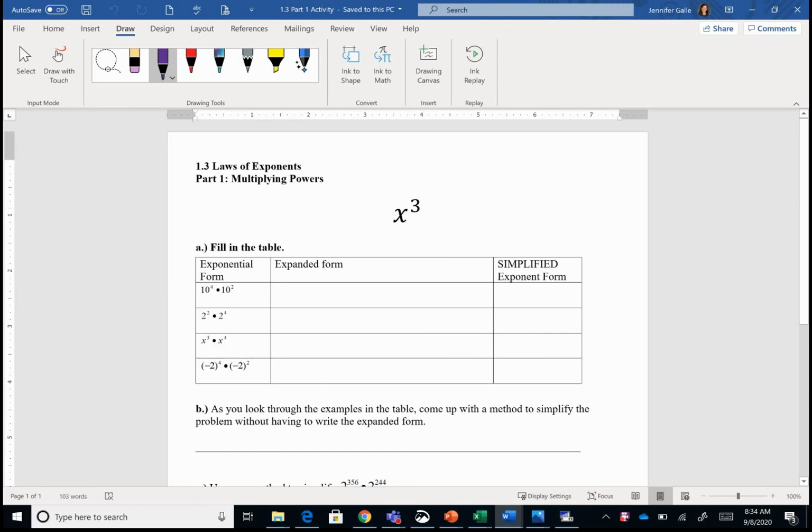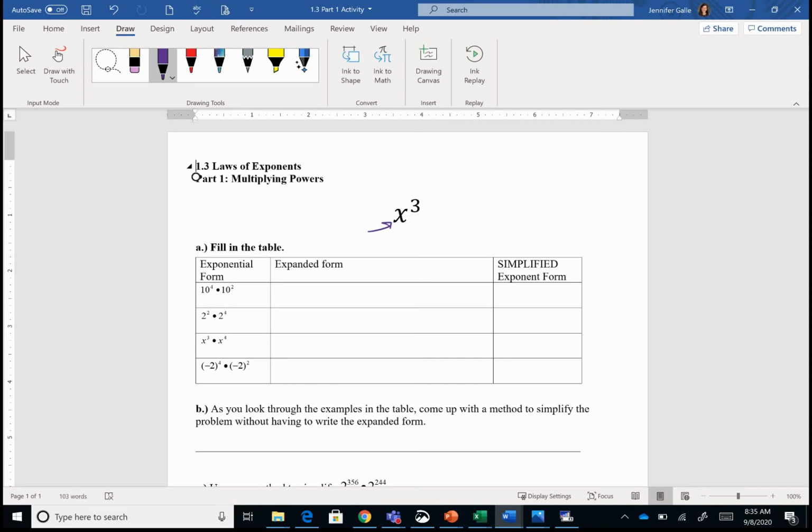So if you take a look up at the top, I have a big old x to the 3rd there. The x part of that, does anybody know what the x part is called? Just the x, that bigger number, bigger variable we write. Exponent. The exponent's going to be the little piece. What's the big piece? Anybody know? John, do you know? The what? That's a variable. Yep, x is a variable. But what do we call it when it's written with an exponent?